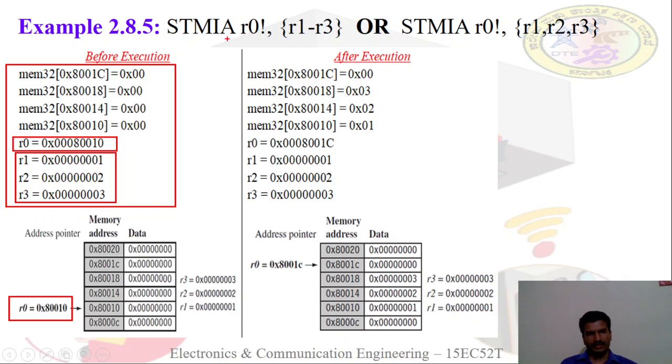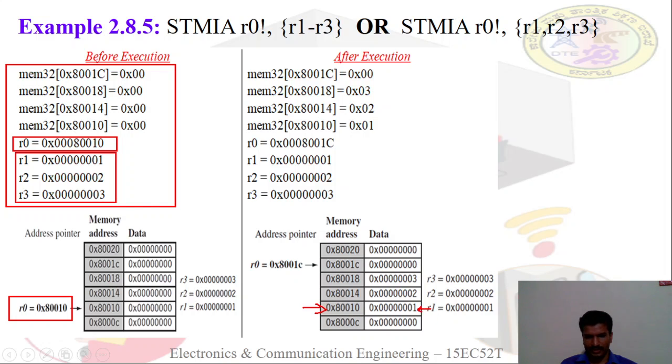So the same addressing mode, IA. Store means register to memory, increment address by 4 after store. So here it will store first, then increment address by 4. This is the starting address 80010. To this memory location R1 data will move.